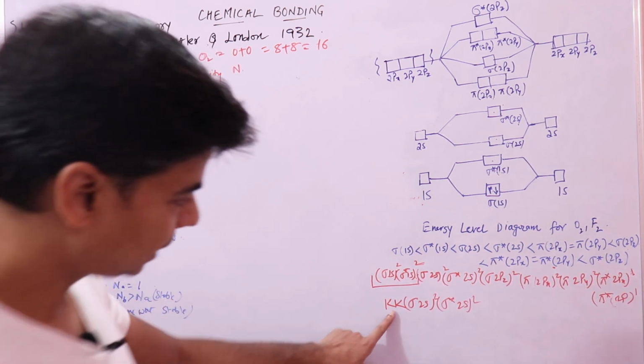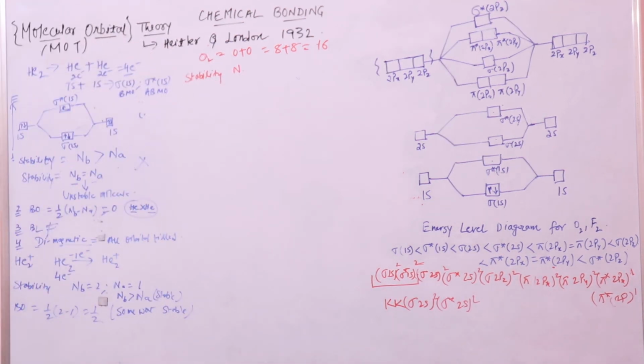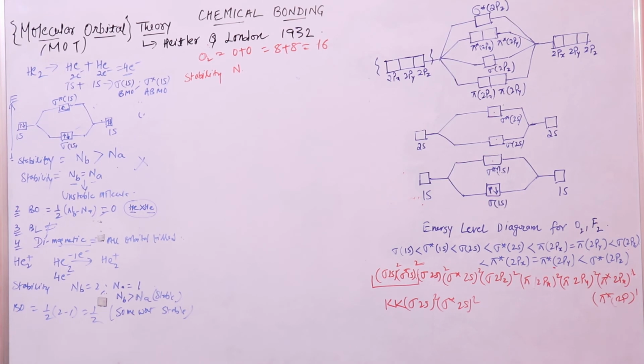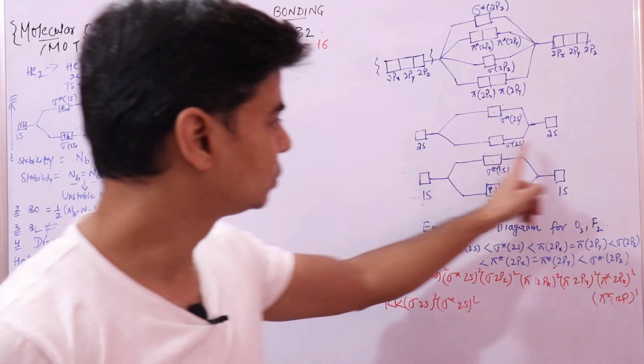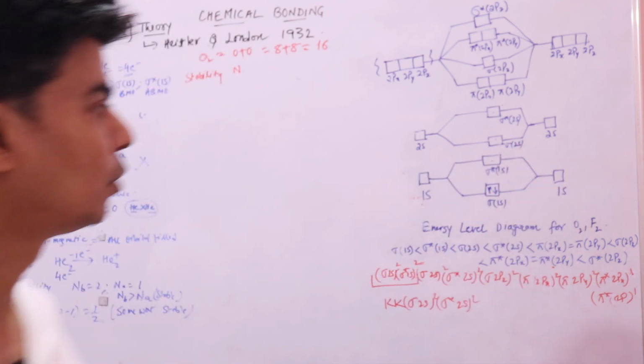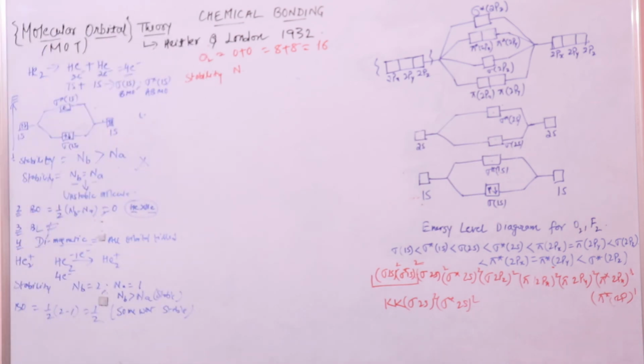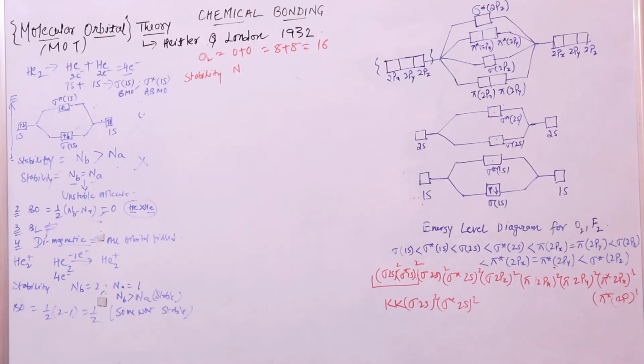These are inner shell electrons, non-bonding orbitals, so you can always replace them with KK and we will not write this part. You can start your energy level diagram from here, right?